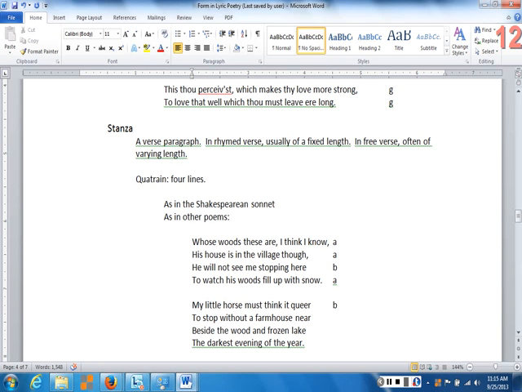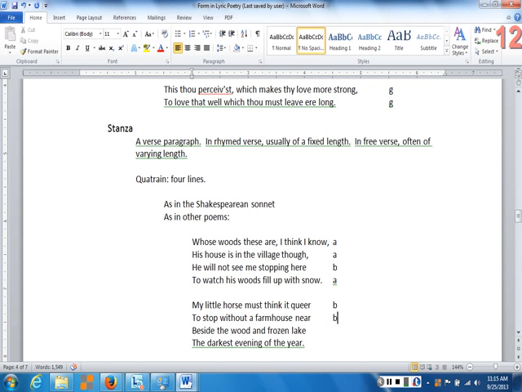It's B. So he's linking stanza 2 to stanza 1 by rhyming the first line of stanza 2 with the second rhyme sound of stanza 1. But then, okay, now he's repeating the pattern too, right?